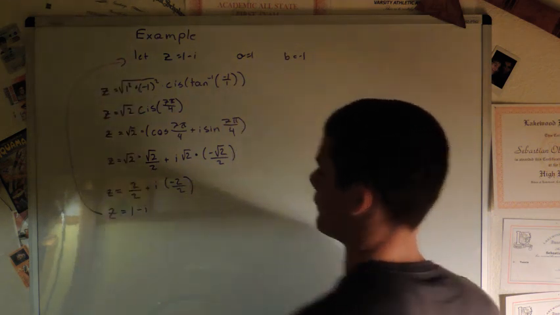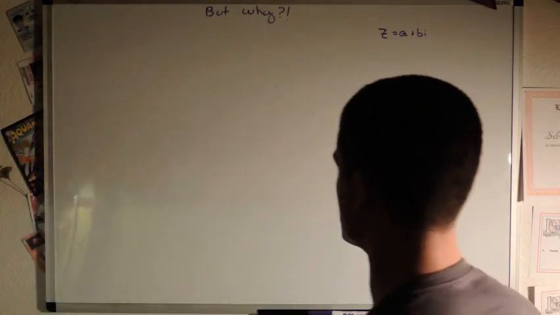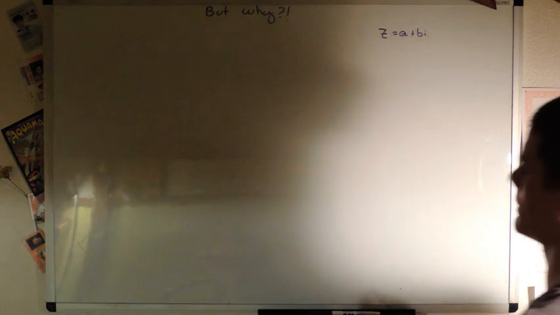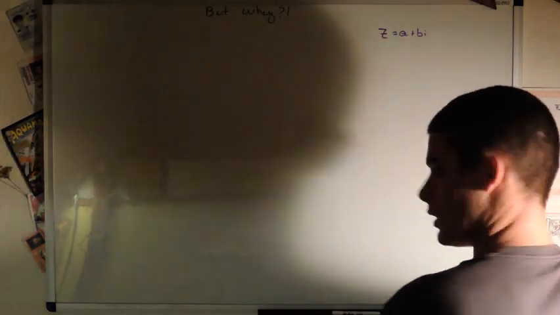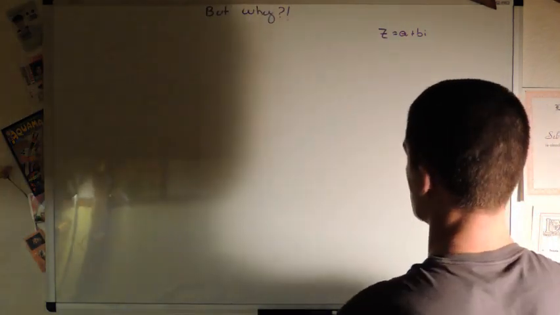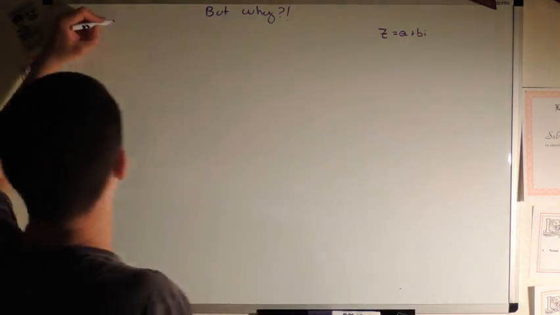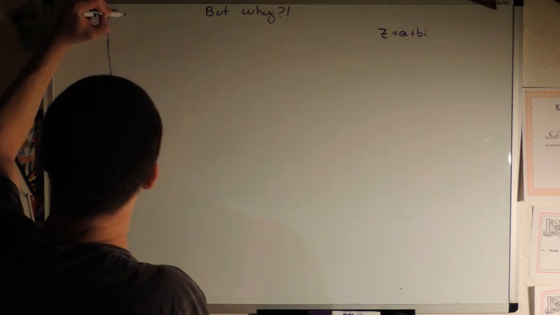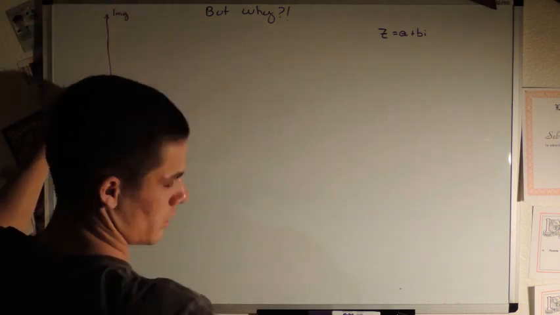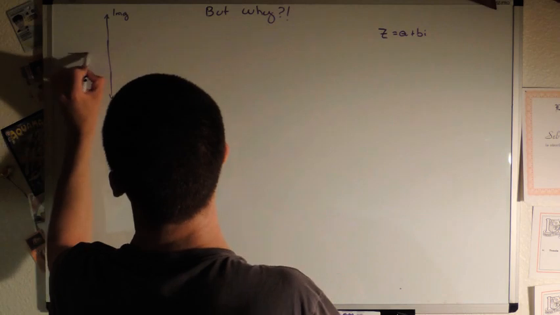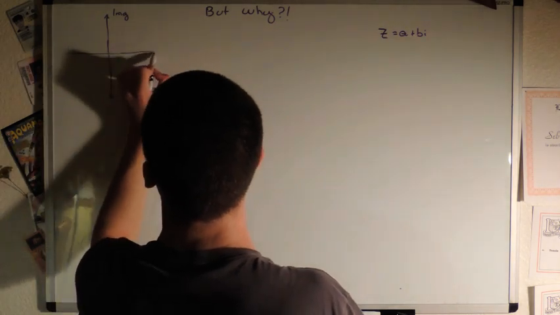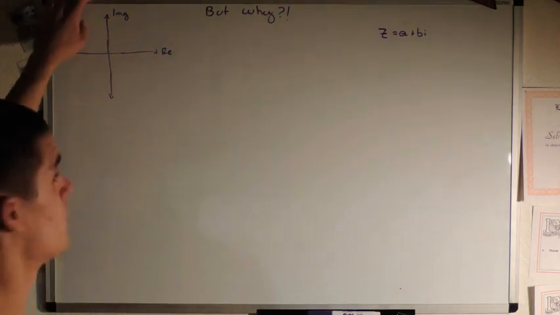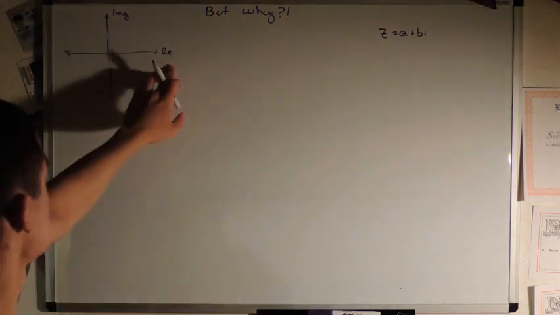And that goes back. So now you might be wondering, why does this work? If I have z equals a plus bi, I'm going to draw the argand plane. Here I have the imaginary axis, and here I have the real axis.